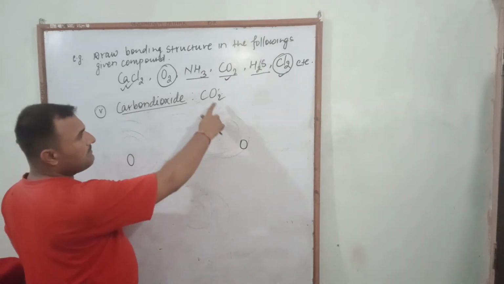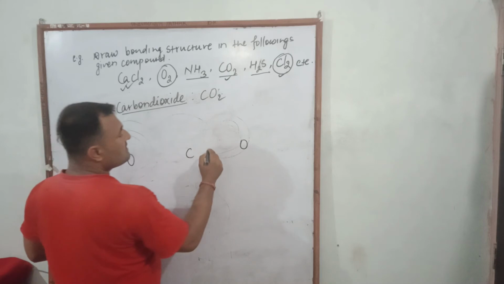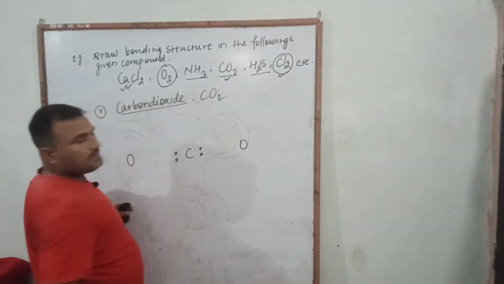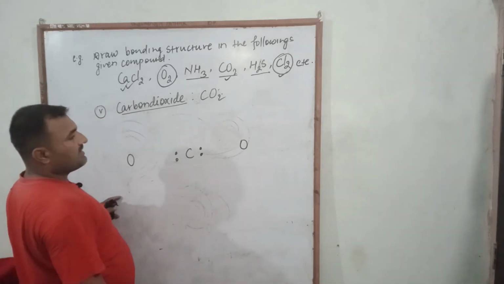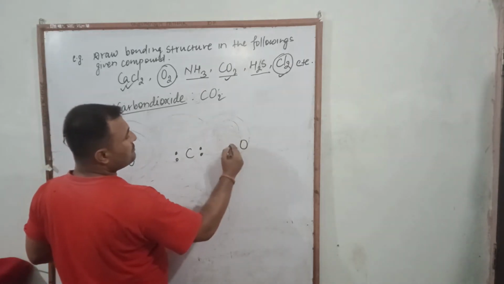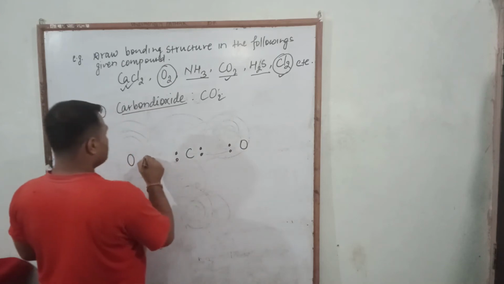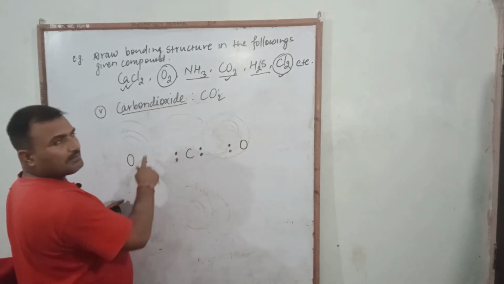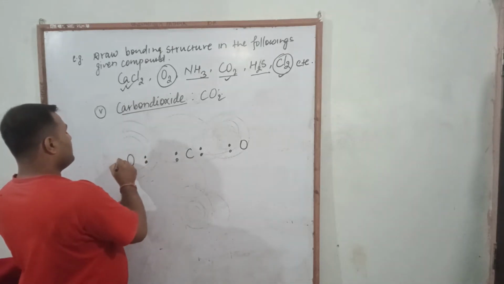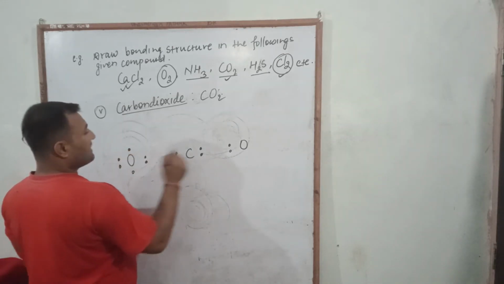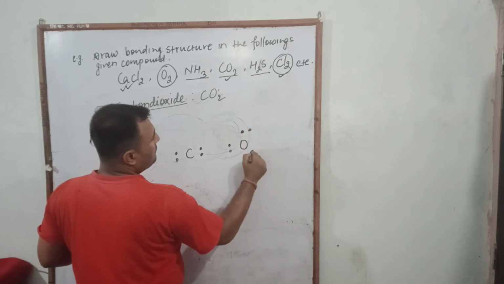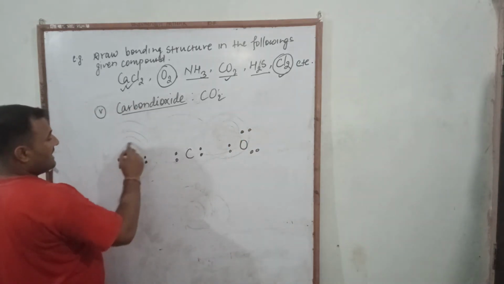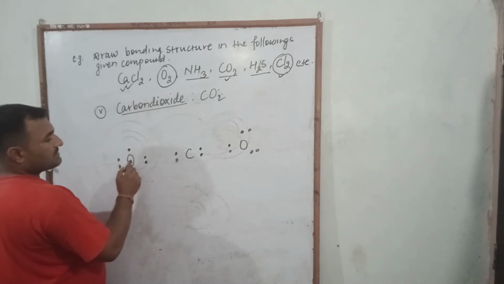Because oxygen has 2 valency, therefore carbon shares 2 electrons with each oxygen atom, and oxygen also shares 2 electrons with carbon, and in this way the octet of carbon is completed. The remaining electrons of oxygen are 2, 2, 4, in this way 6 electrons of each oxygen.